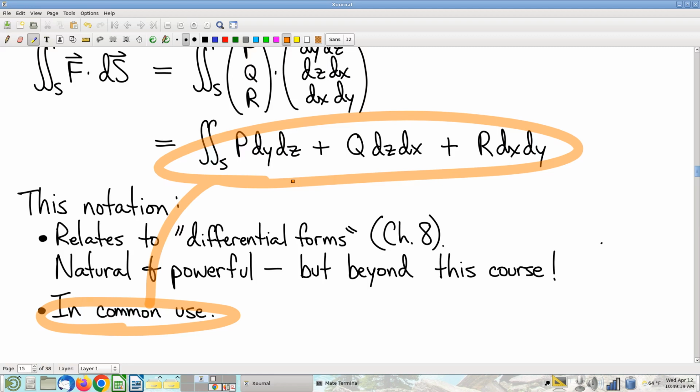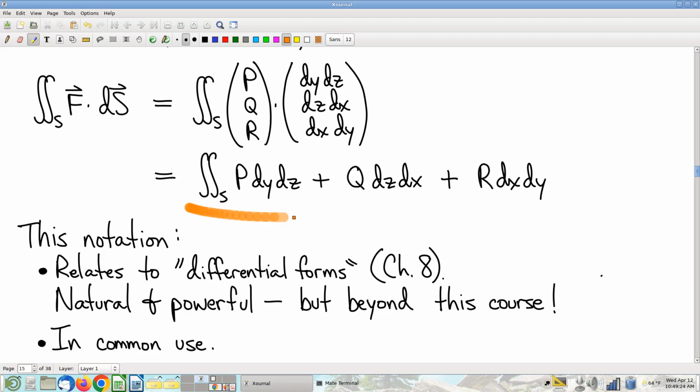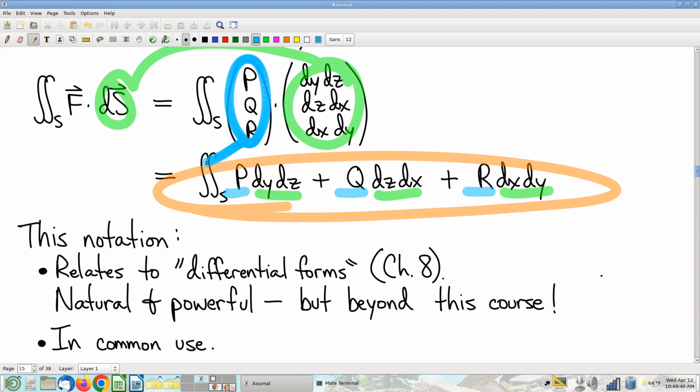So my advice, when you see all of this, is you should think, okay, fine. All of this here is just fancy notation for the ds vector. That's all it is. And so, therefore, these components, P, Q, and R, are the coordinates of the vector field whose flux I'm computing here.